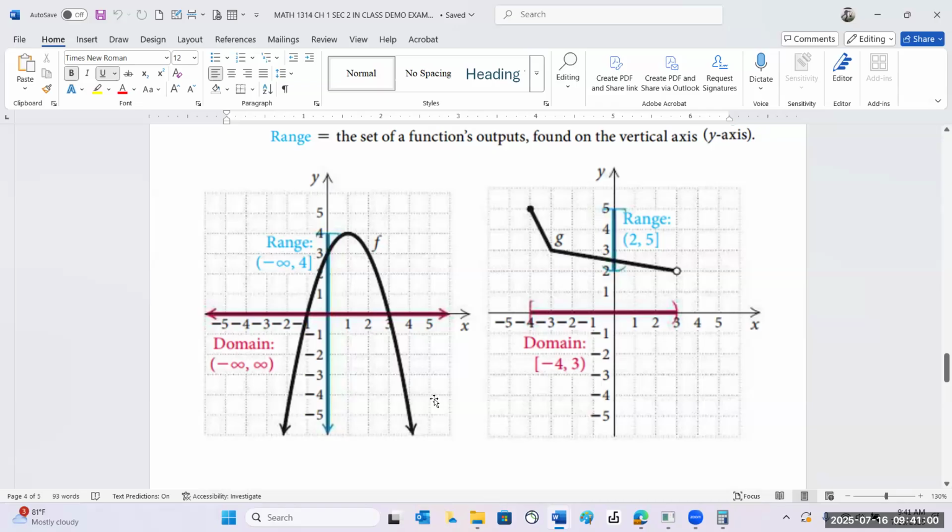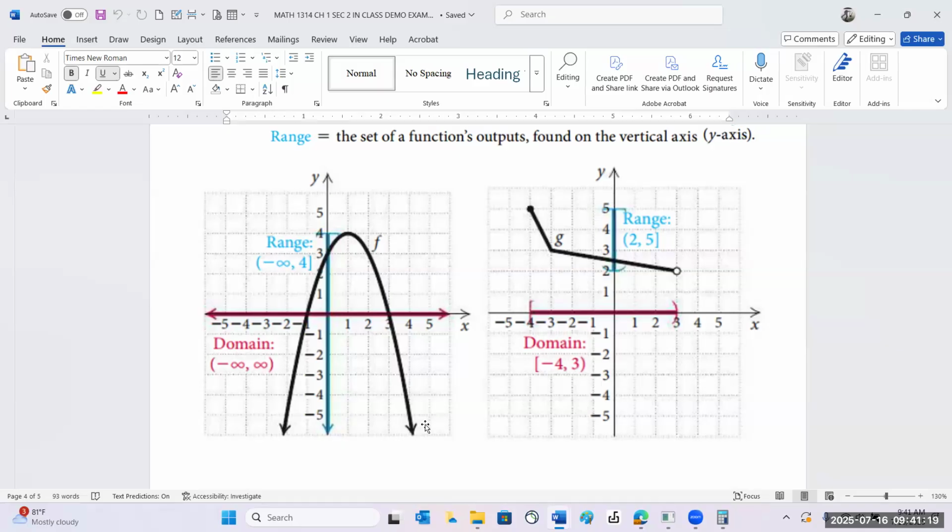So what we're looking for is, what are all of the x's? Notice these arrows on the bottom of the function, there and there? What does that tell us? It keeps on going in that direction.